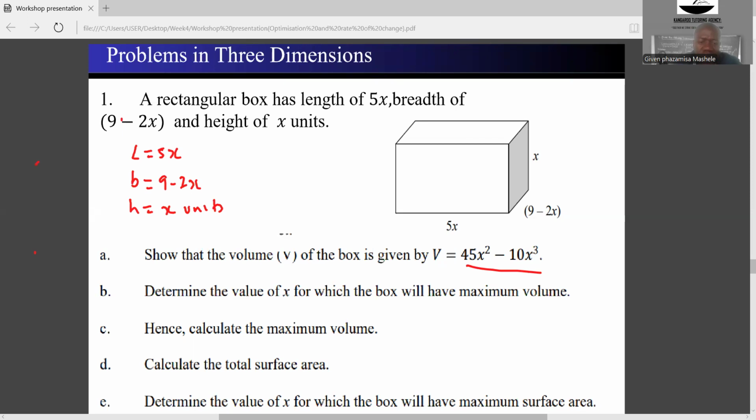And guys, from the information provided there, we can say, okay, we're given a box. This is our box. Let me construct our box.